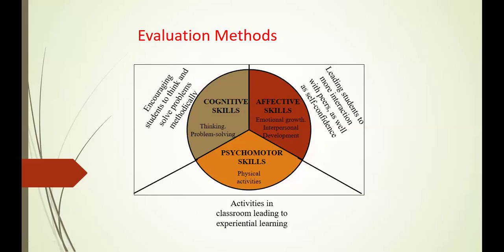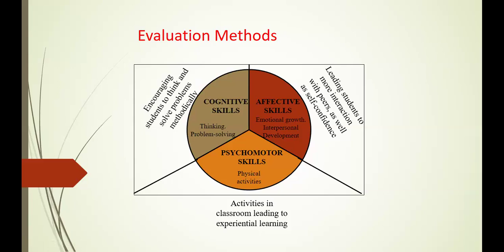And this makes a judgment about the students' performance, learning outcomes, and the effectiveness of instructional practice. Therefore, we can say it goes beyond all the other testing systems in the classroom.